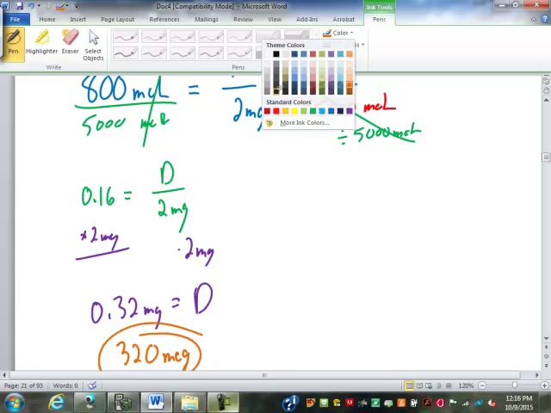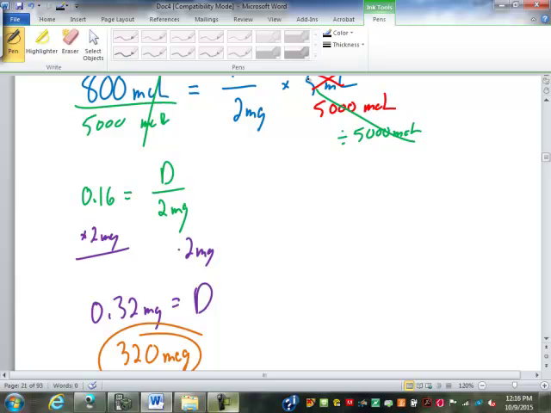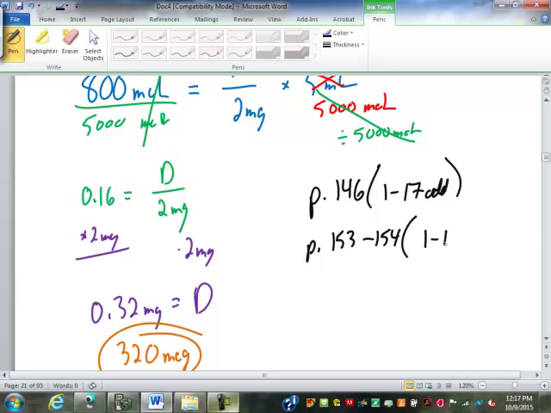Okay, it's about that time where we're going to lose our connection soon. So, pages out of your book to look at. On page 146, 1 through 17, the odds. Page 153 through 154, 1 through 15, I'm going to have you look at all those.